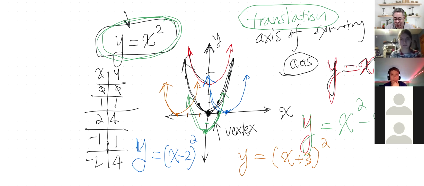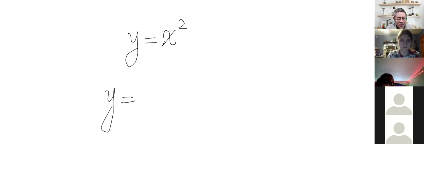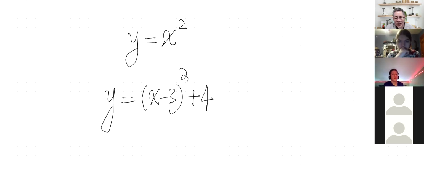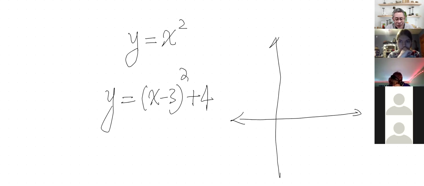So from our prototype, y equals x squared, we can have another function, say y equals (x minus 3) squared plus 4. Well, we know how to graph this. We know this is our y equals x squared.